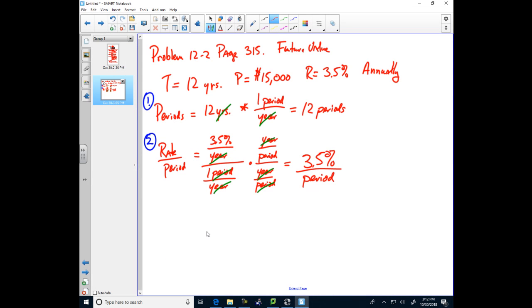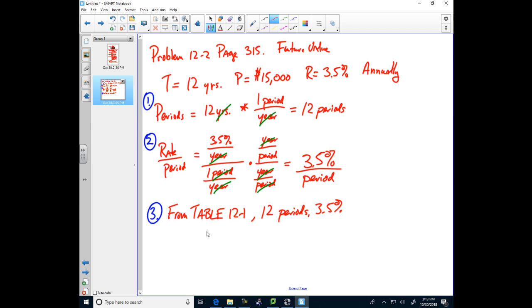So, step 3, from table 12.1, we have 12 periods, 3.5%.